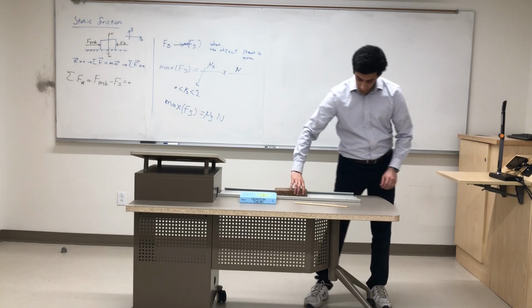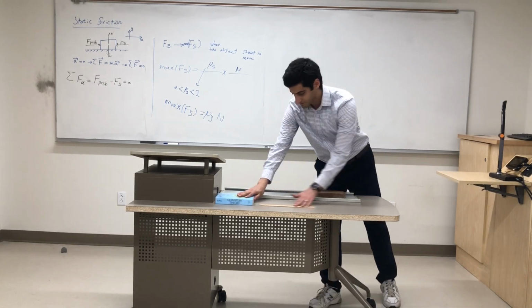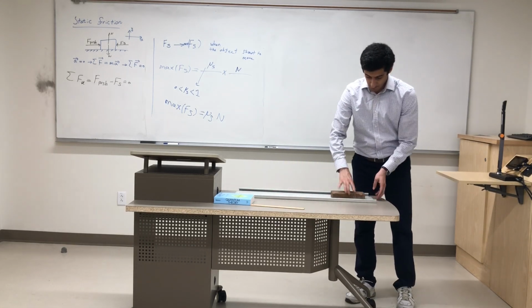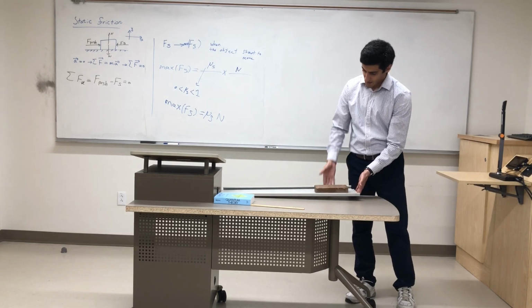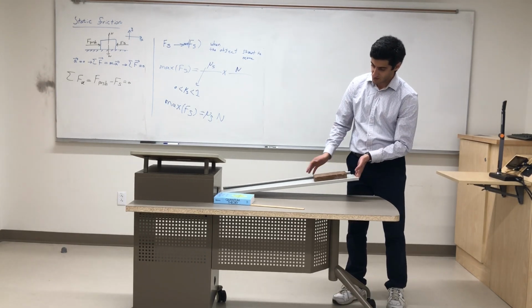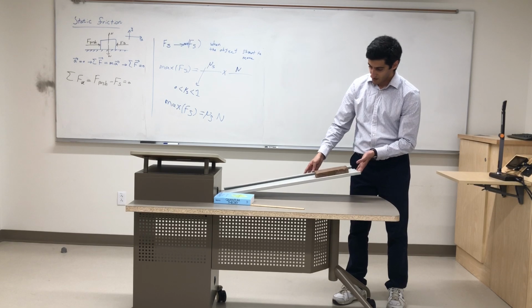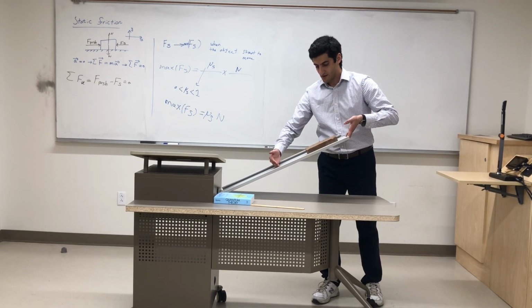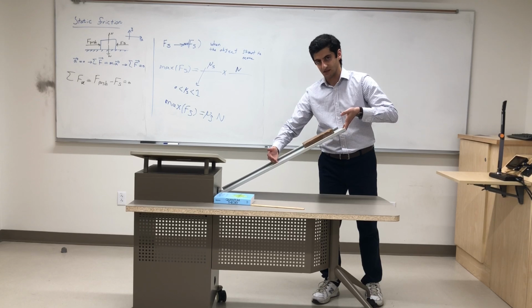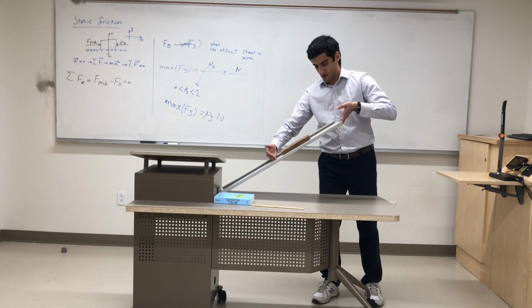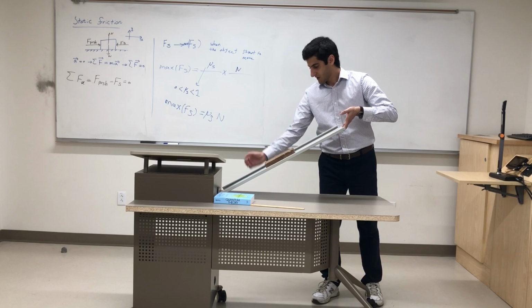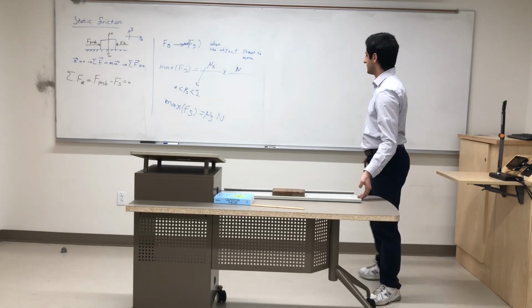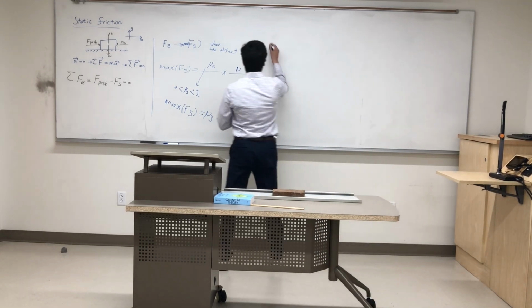Now let's go for another example. This is a surface that I can increase its inclination. If I continue increasing the inclination of the surface, eventually at some angle, the brick starts to move. I measured the angle before, and that was 40 degrees.